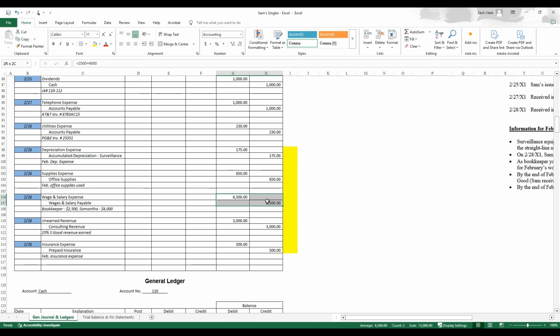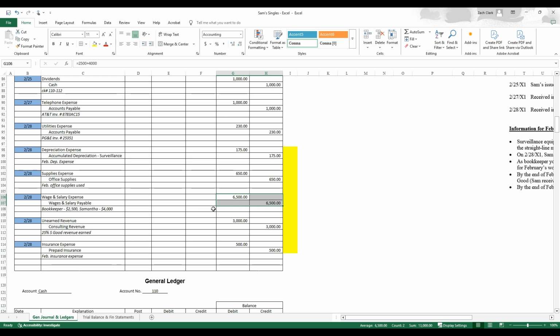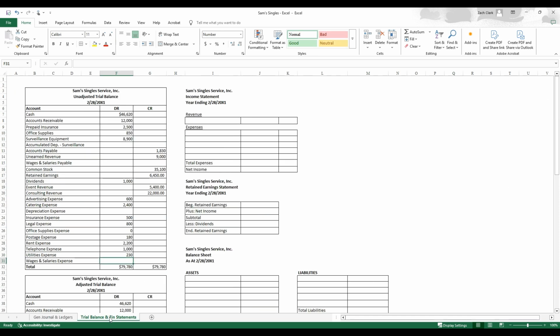Okay, so that one's taken out. Wage and salary expense and wage and salary payable. There's only one entry that happened in there for each of those, so we can just delete these two effects. See how they're the same on both sides, so let's just delete those out. And then unearned revenue and consulting revenue, we need to back those out. So 3,000 adjustment was made, so let's undo that.